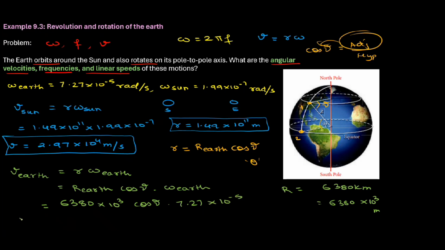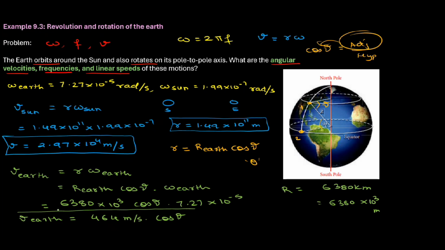And when you solve this, you get the linear speed of a point on the surface of the Earth while rotating is equal to 464 meter per second times cosine of the angle theta.